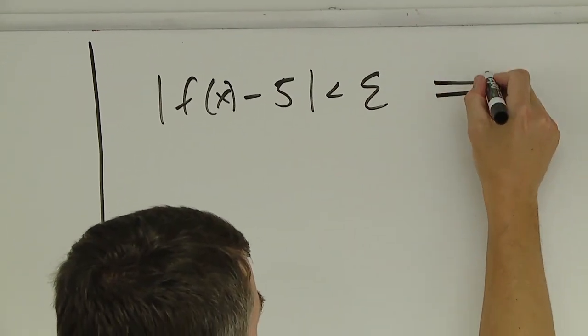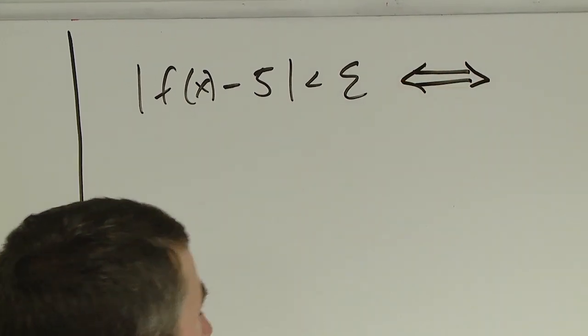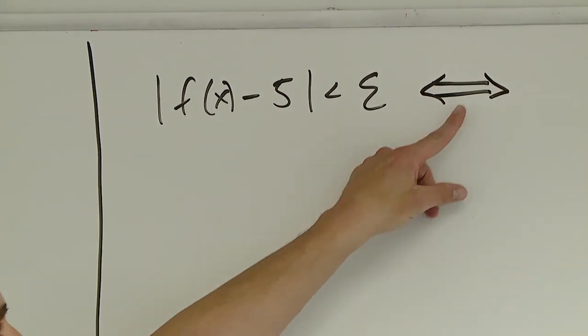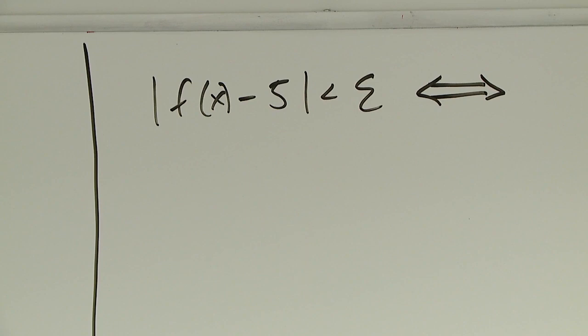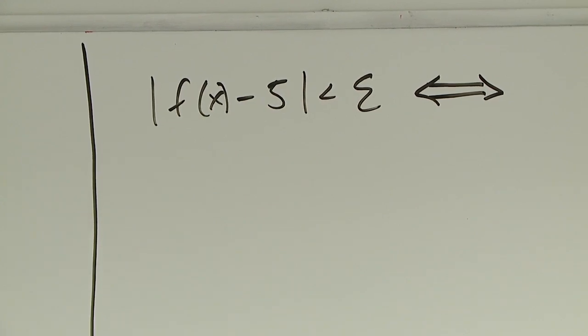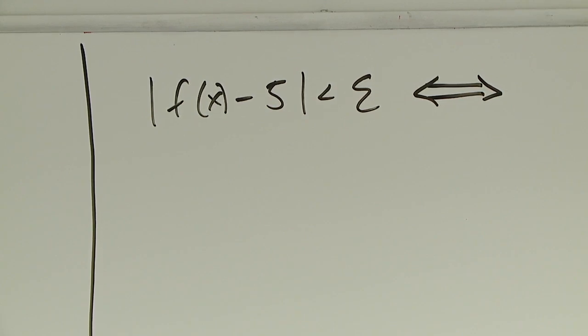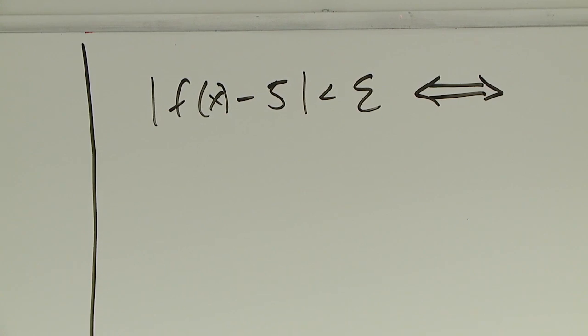In math, when I draw this double-headed, double-barred arrow, that is the mathematical symbol for saying that two statements are exactly equivalent. Sometimes people read that as if and only if. It means these two statements mean exactly the same thing.